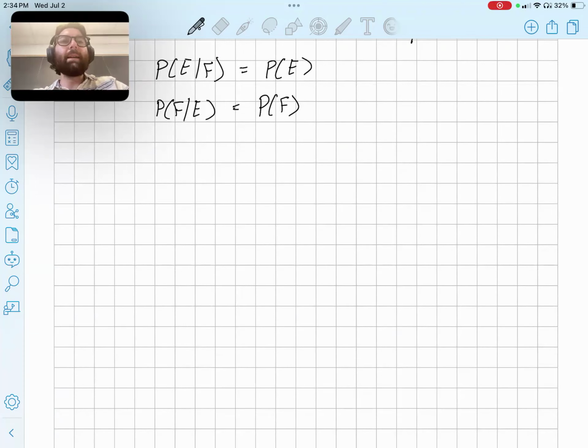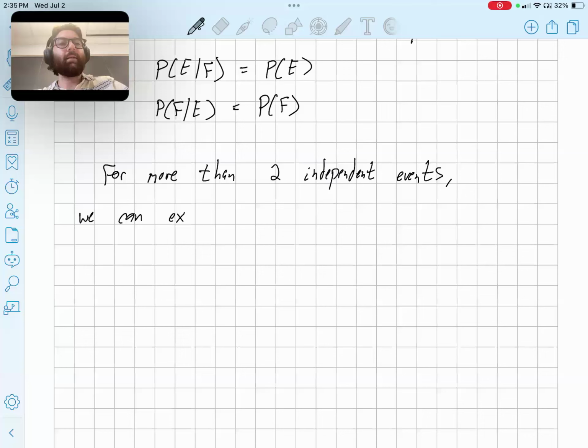And so for independent events, so for more than two independent events, we can extend the product rule.